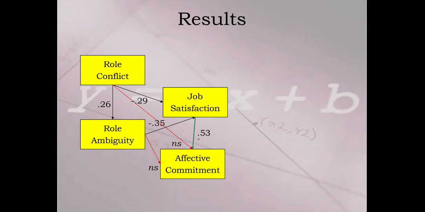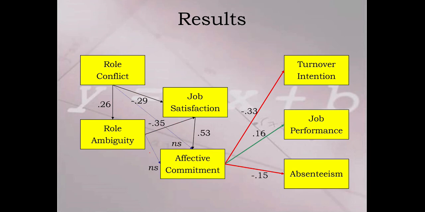So they found support for the relation between job satisfaction and affective commitment, but these hypothesized paths from role ambiguity and role conflict to affective commitment were not significant. They further hypothesized that having affective commitment would be related to lower turnover intentions, higher job performance, and lower absenteeism, and they found support for all of those hypothesized relations.